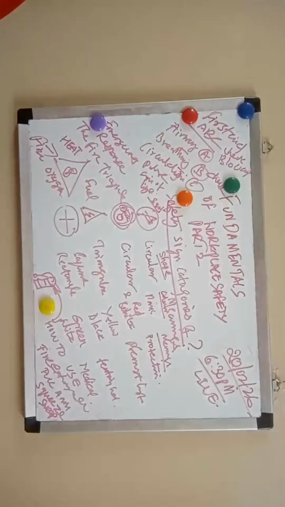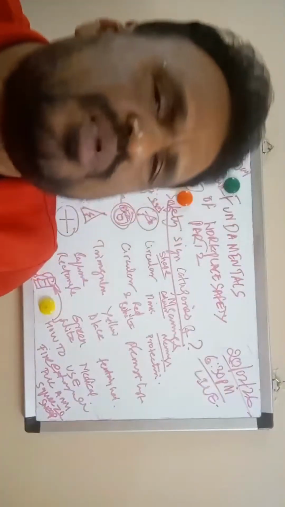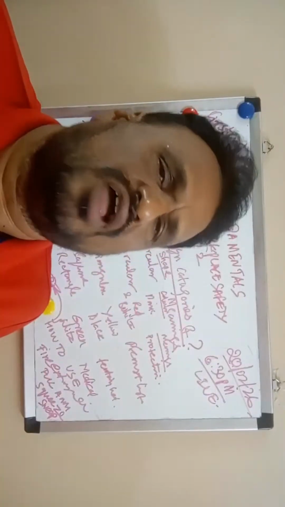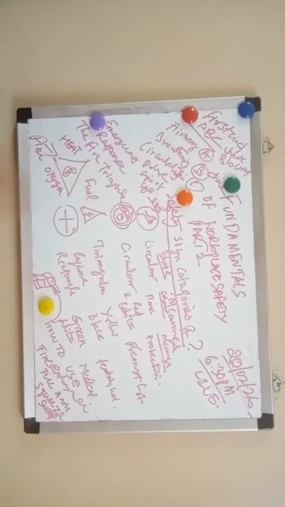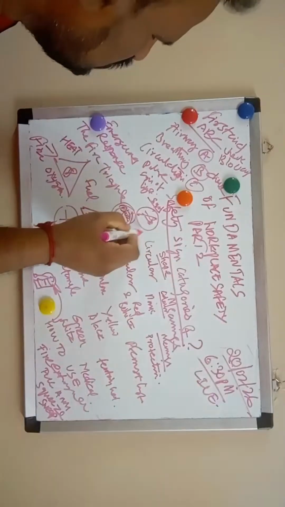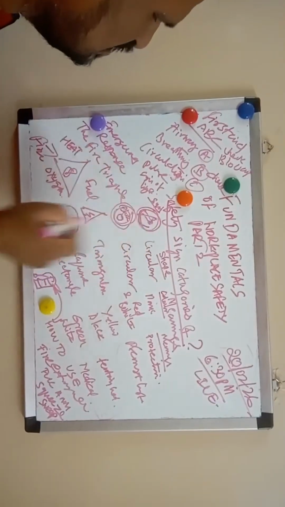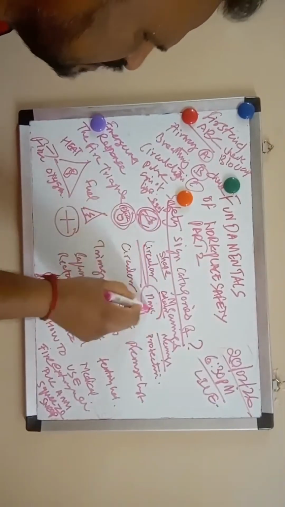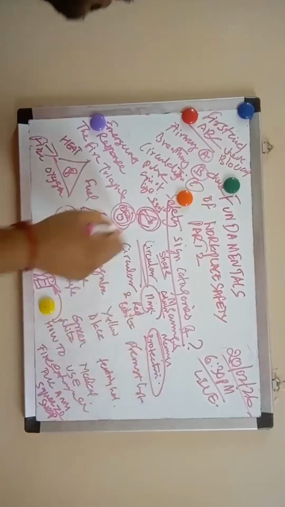How do you know the important safety signs for any kind of industry? Number 1, you have a safety sign that is circular and pink. It's called protection.